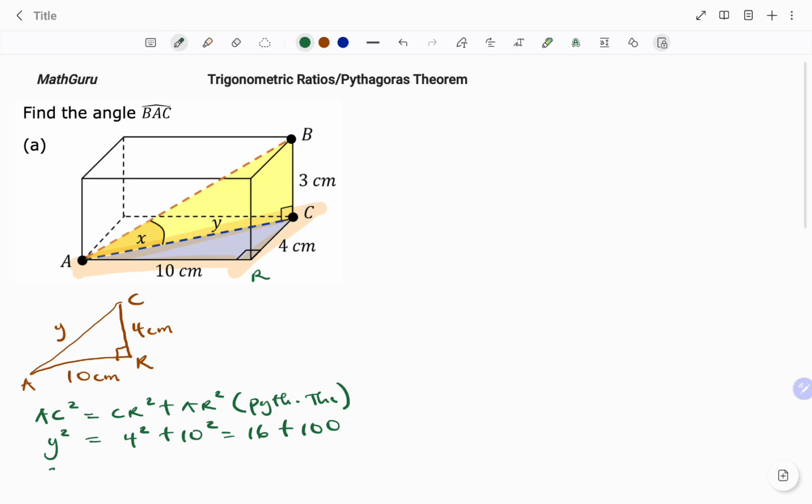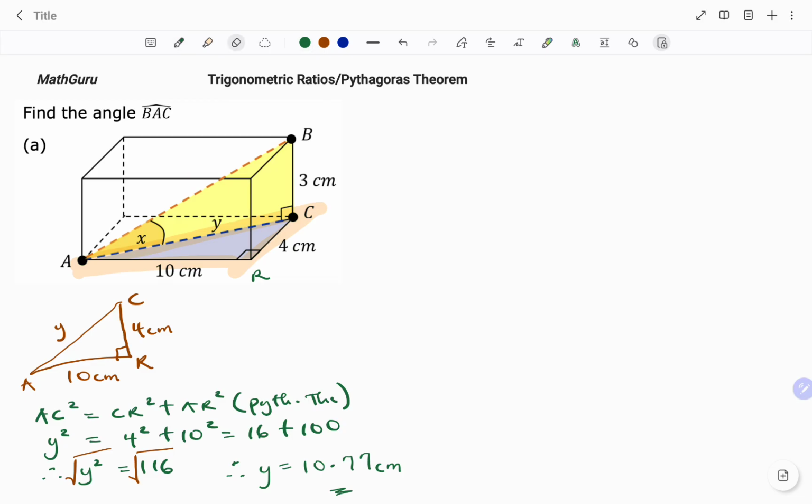So therefore, y squared is equal to 116. And to find the value of y, I'm going to find the square root of both sides. Therefore, my y equals the square root of 116, which is 10.77 centimeters to 2 decimal places.